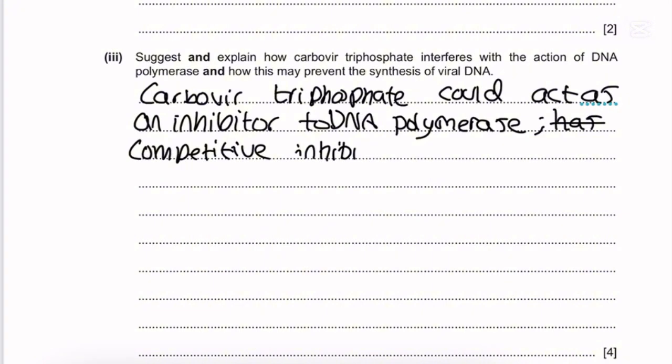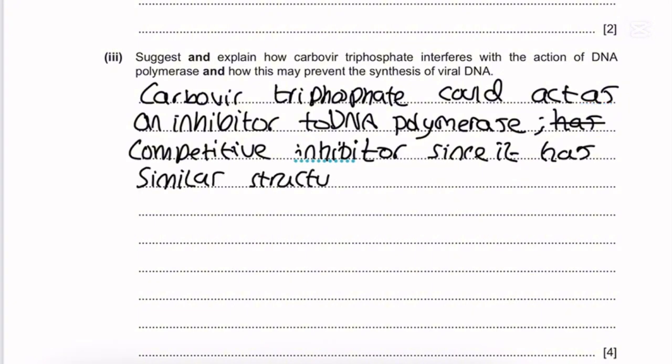Actually, I don't think it can work as an inhibitor because it's already attached. The idea of the inhibitor is that it does not allow the... Let's just write it down as a suggestion. So competitive inhibitor, since it has a similar structure to purine nucleotides.